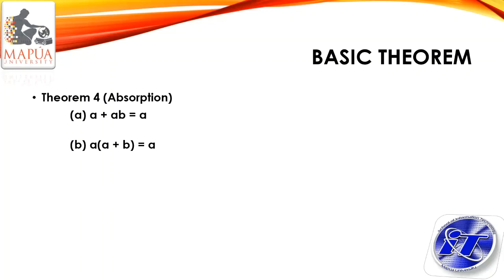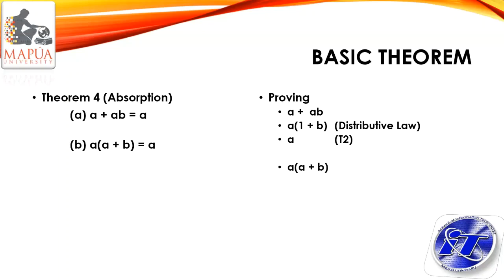Okay. To prove that theorem 4 is correct, take A plus AB. Using the distributive law, we're going to factor out A. So we have A ANDed to 1 plus B. And we all know that 1 plus B, based on theorem number 2, is equivalent to 1. And A ANDed to 1 is equivalent to A, based on postulate number 2.